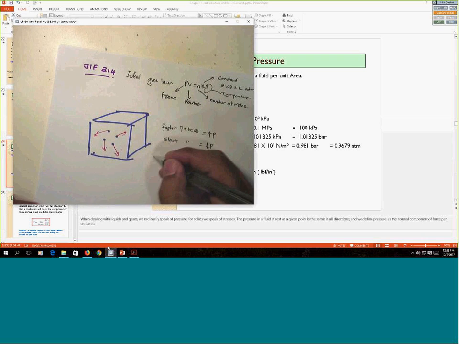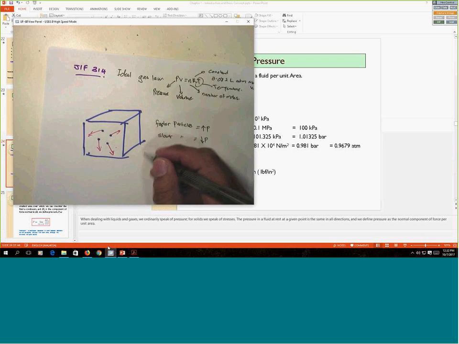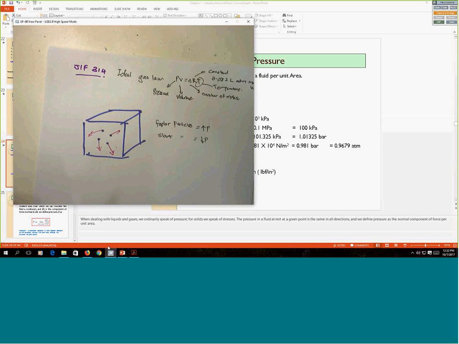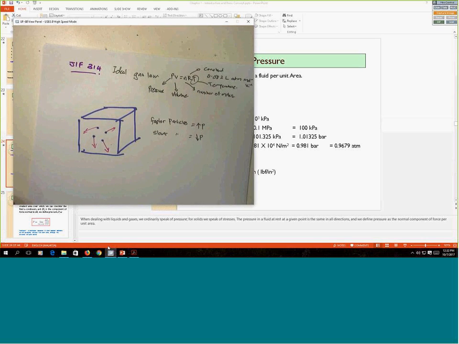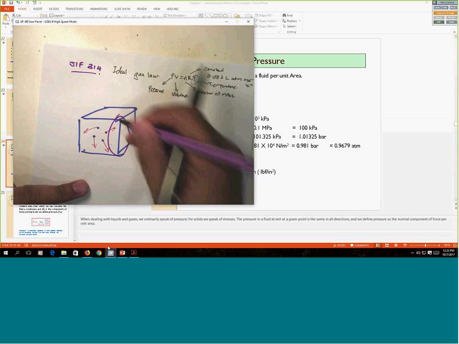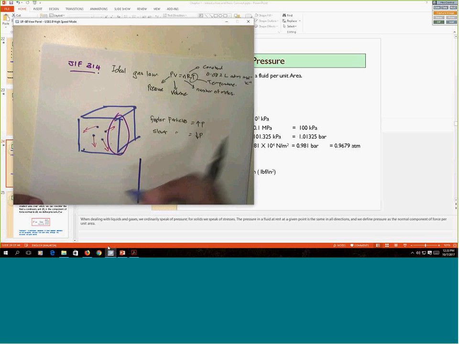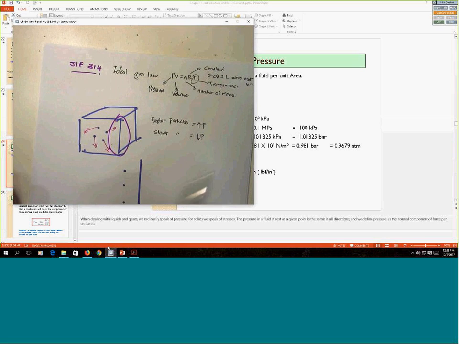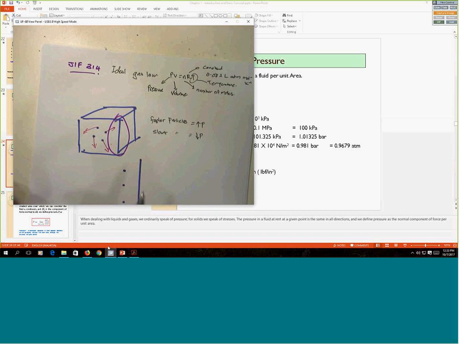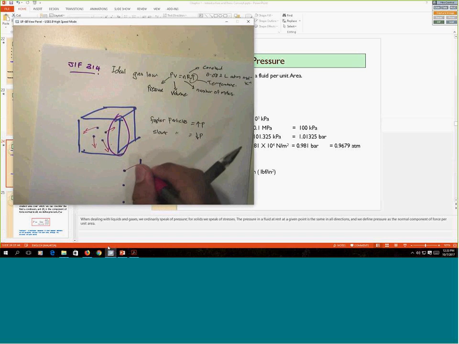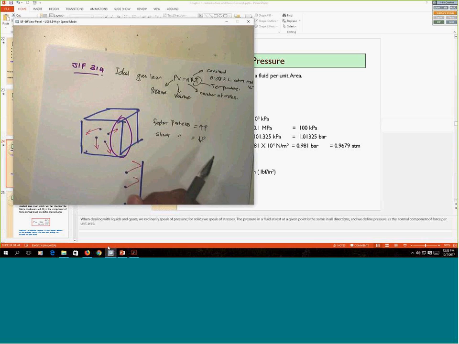Because let's say we are focusing on only this part. Here is the particle. As it moves, it's going to hit the wall in different directions, x, y, z direction, because we are in 3-dimensional.